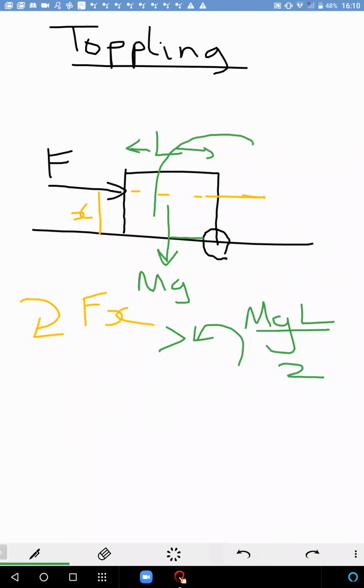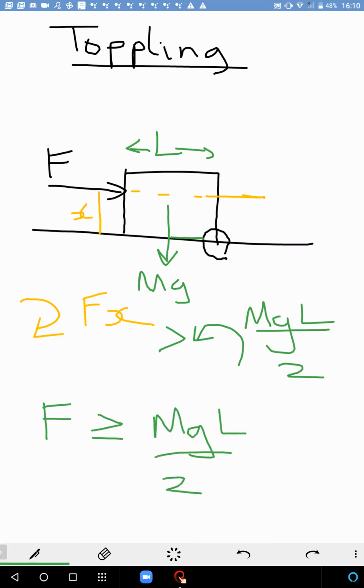So it's about to rotate about this point और तब यहाँ पे normal नहीं रहेगा, तब normal गायब हो जाए. So then the condition for toppling, what should the force be? So the force should be greater than equal to mg L by 2x in this case. Okay? That should be the force, minimum force required for toppling.